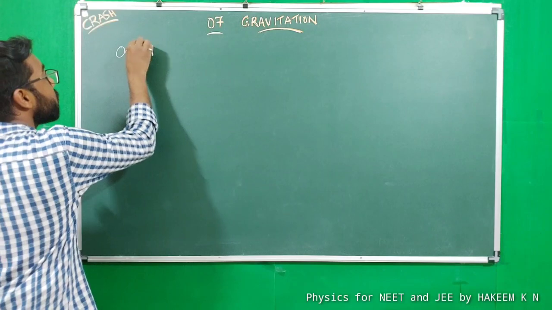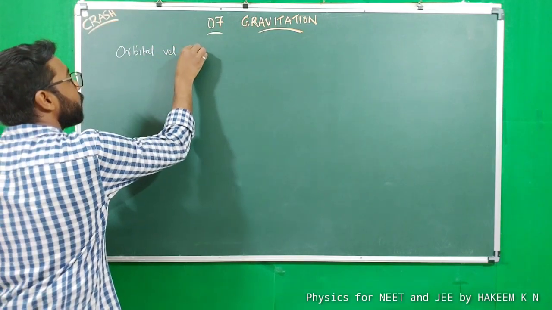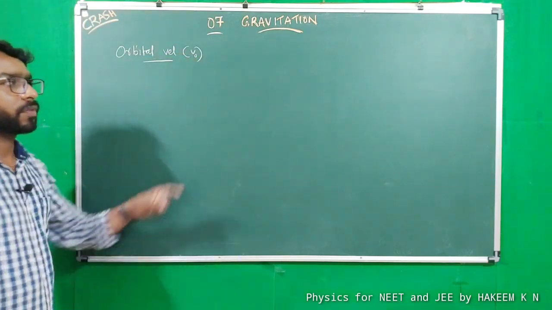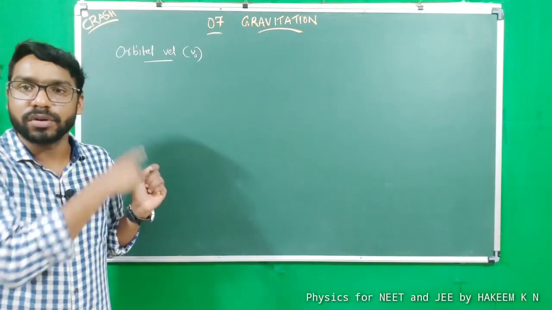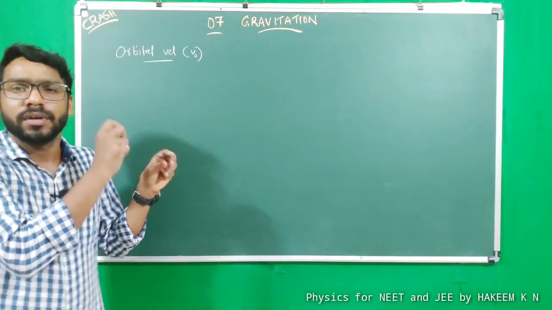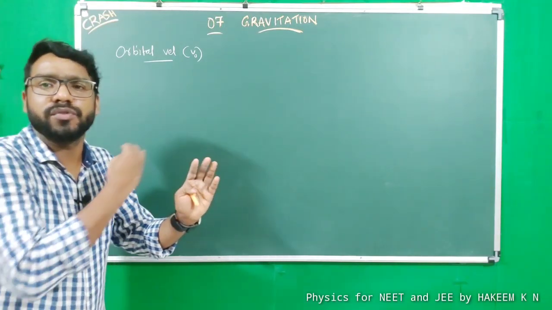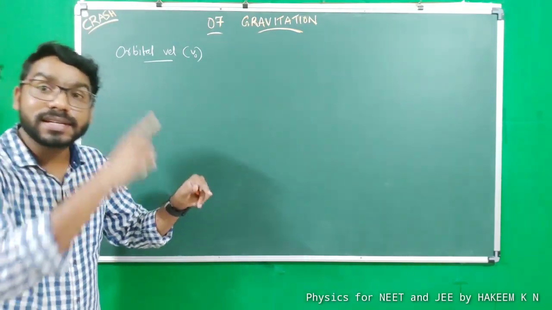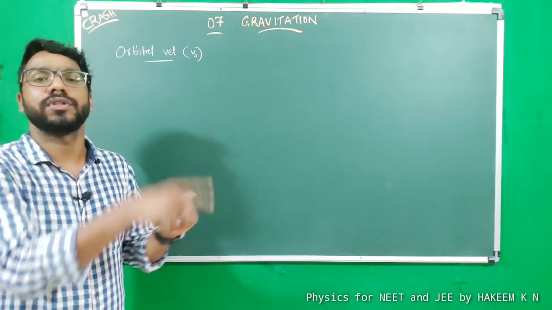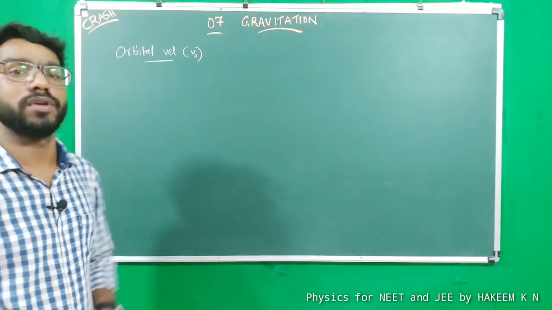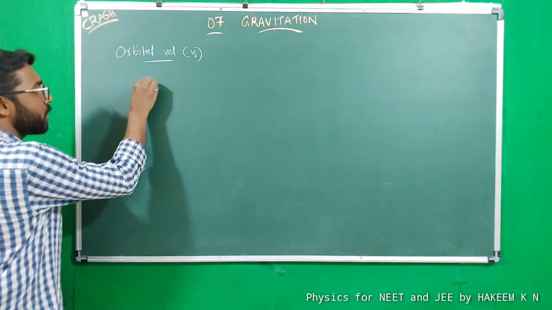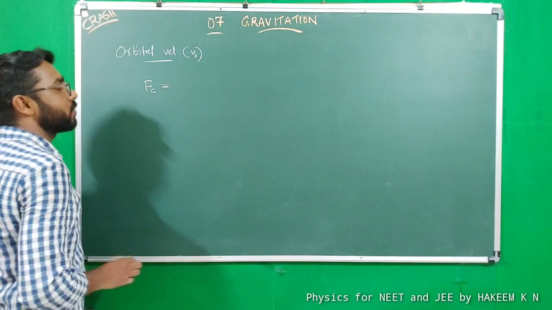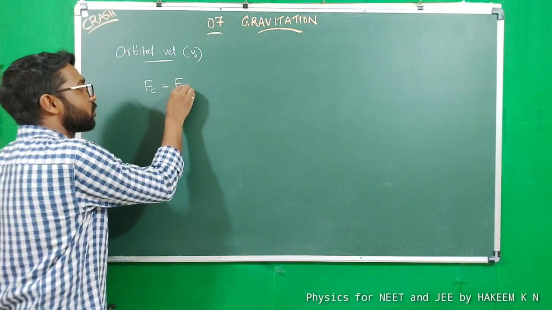Orbital velocity of the satellite, VO. When a satellite is revolving around the planet, the gravitational force between the satellite and the planet provides the necessary centripetal force for the revolution.